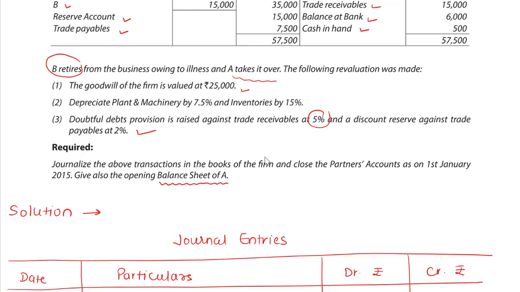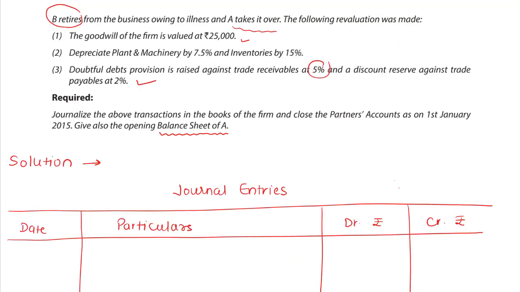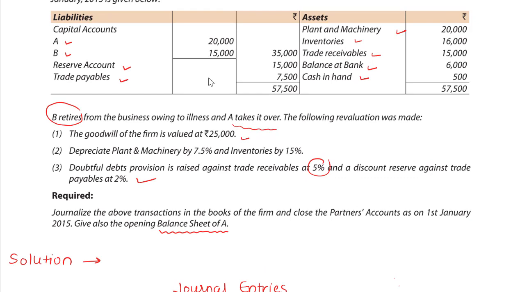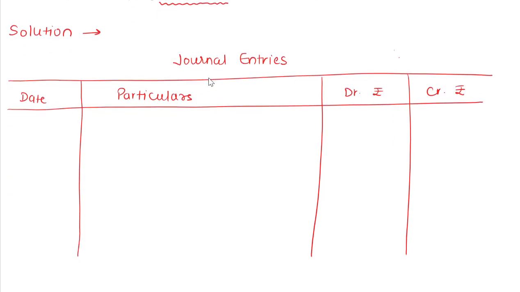So 25,000 multiplied by 2 by 5 is 10,000. First journal entry on January 1st.